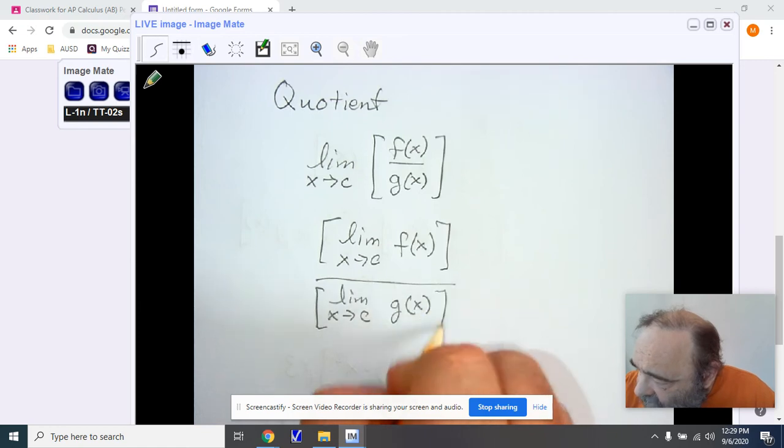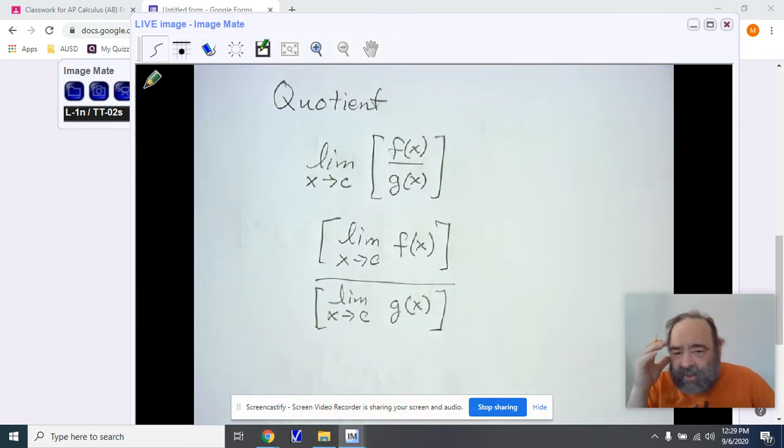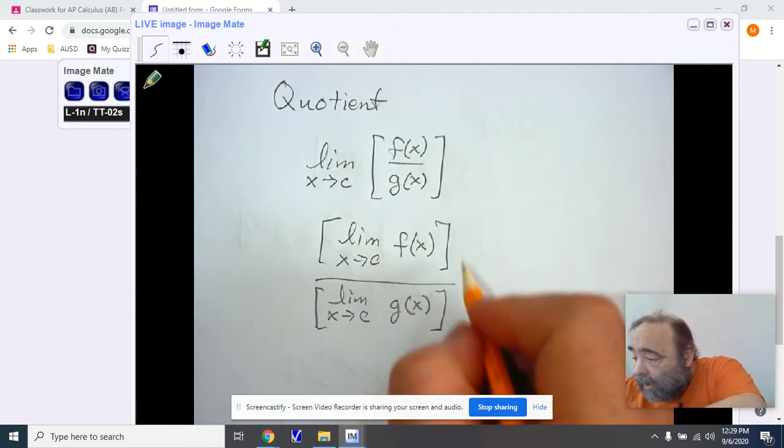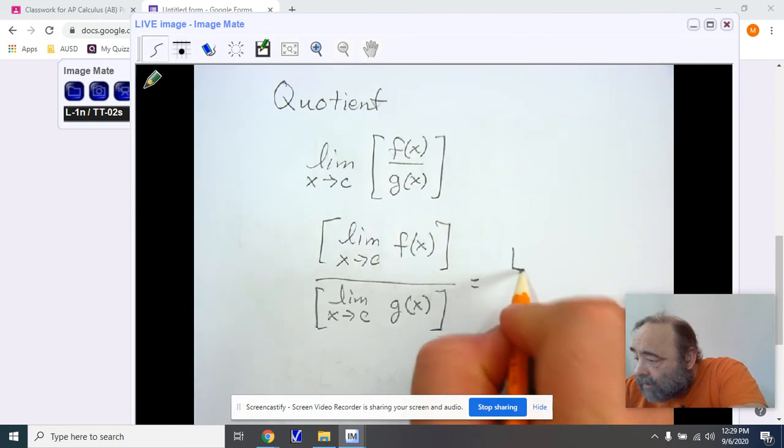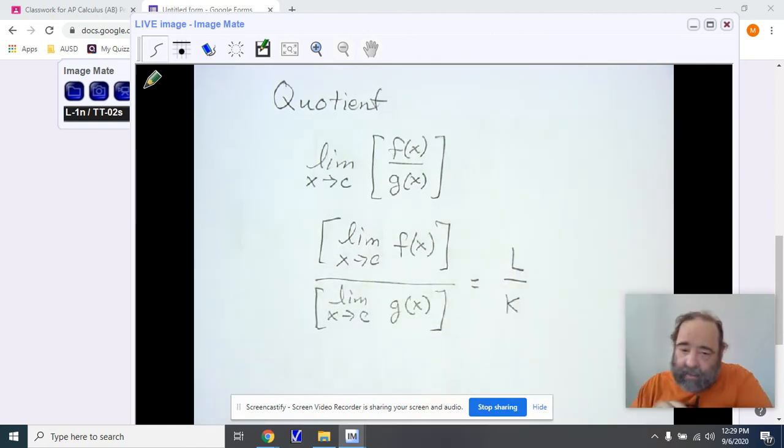Now, once again, we've seen an equivalent type of distribution of limits. Limit to every term, limit to the numerator and the denominator. And according to our rules, this turns out to be L divided by K.